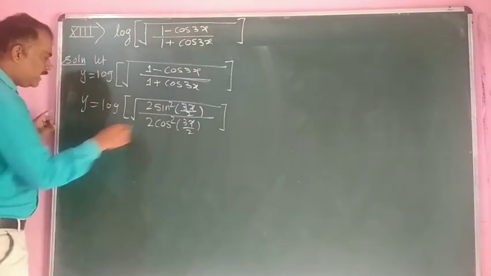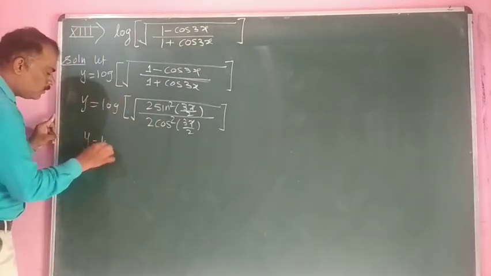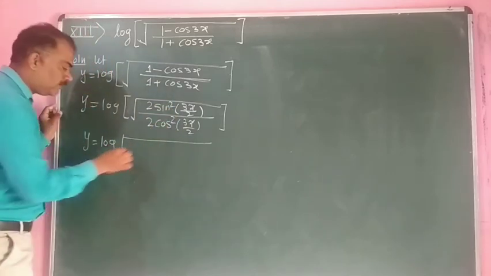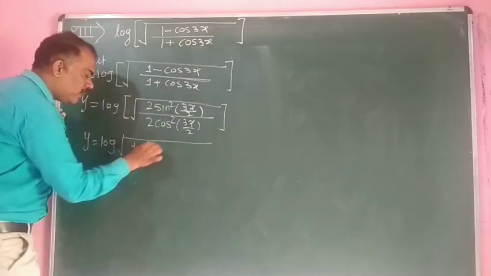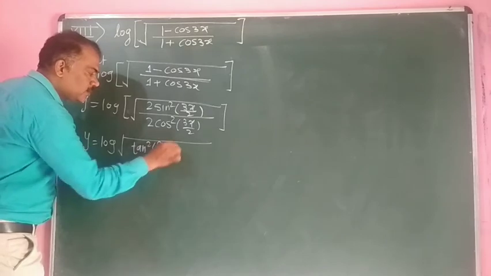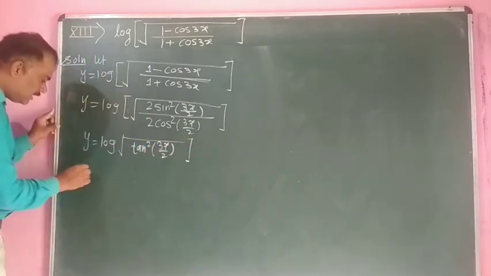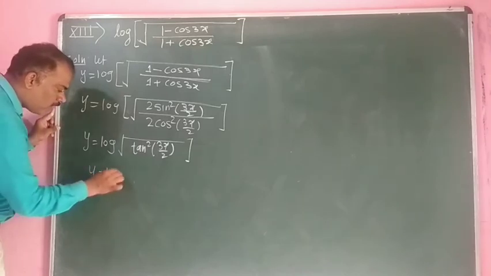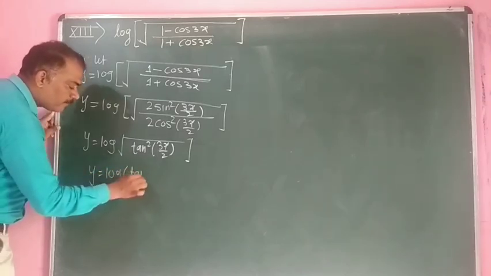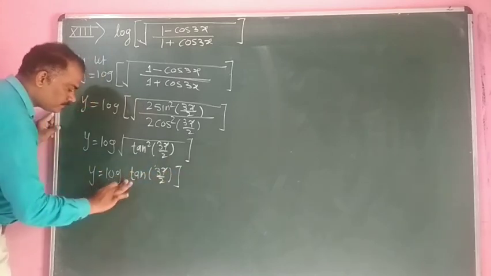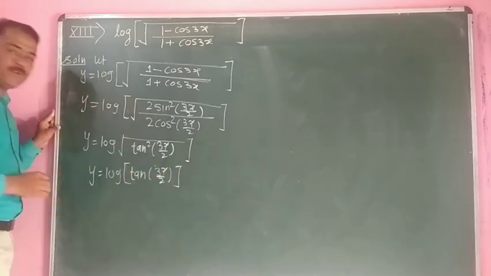The 2 gets cancelled, so y is equal to log of the square root of sin square upon cos square, which is tan square 3x by 2. The square and square root get cancelled, so y is equal to log of tan of 3x by 2. This is the simplification.